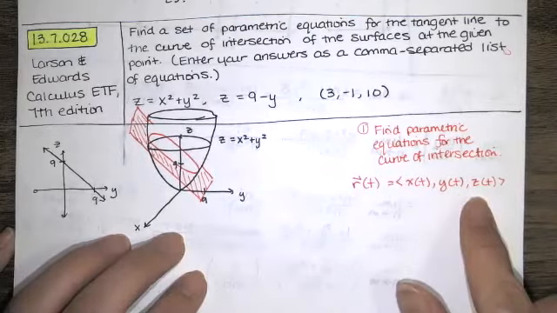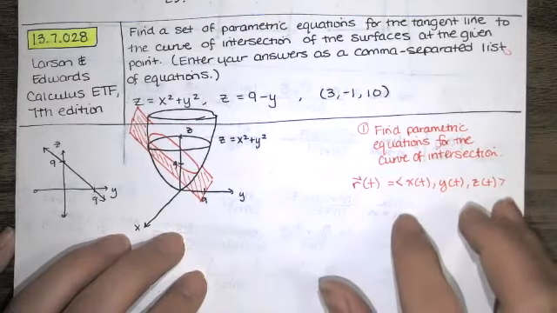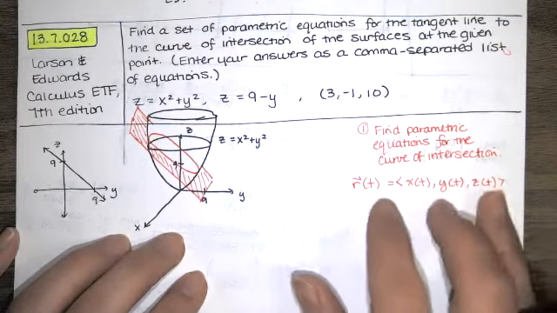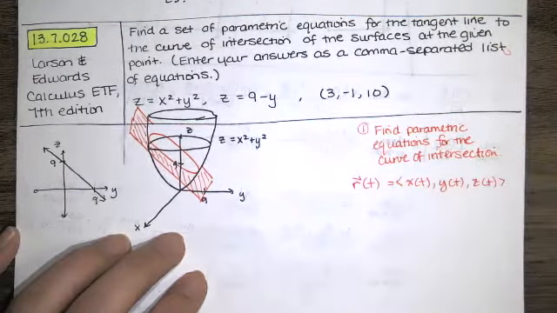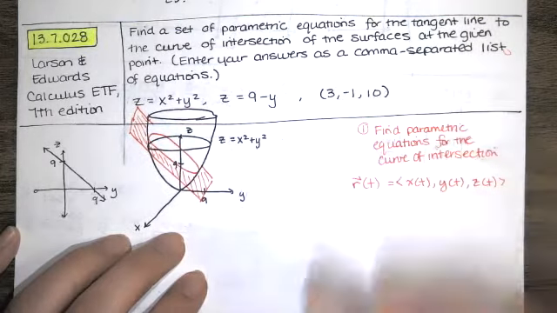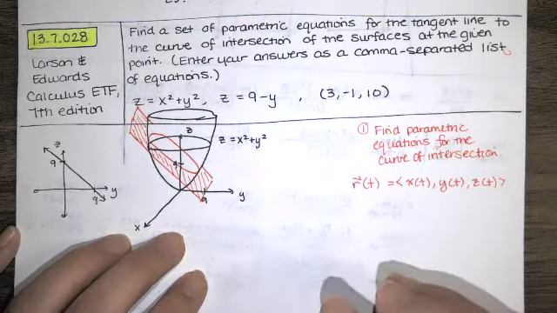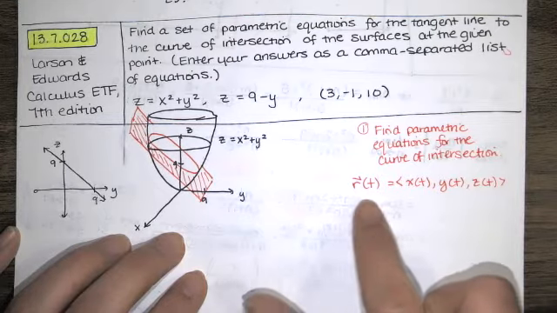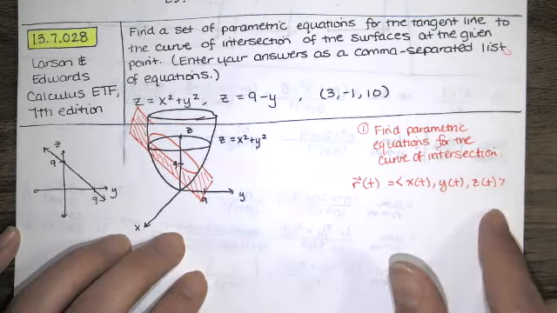Once we have that, we can find the t value that corresponds to that location. And then the tangent line is going to have a direction vector equal to the derivative of this function.